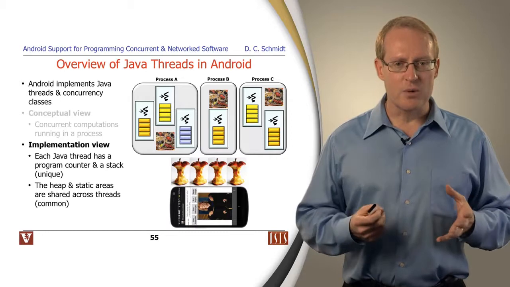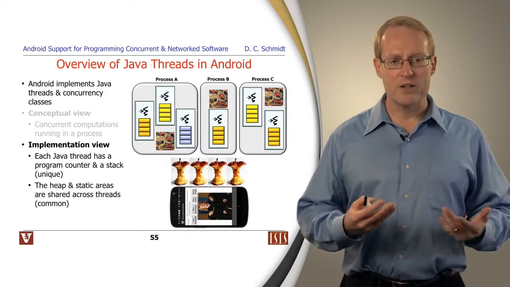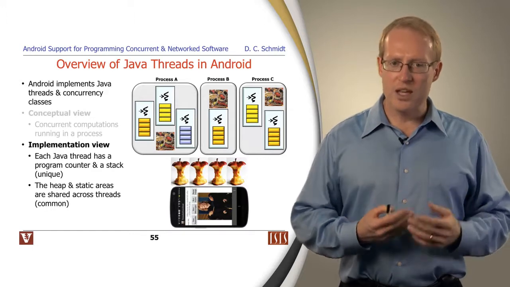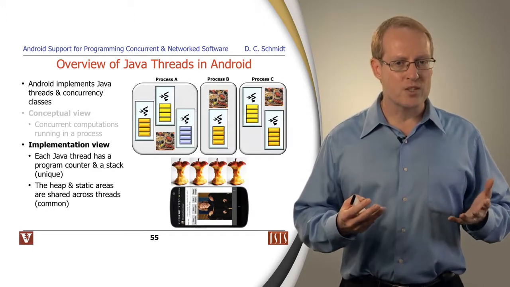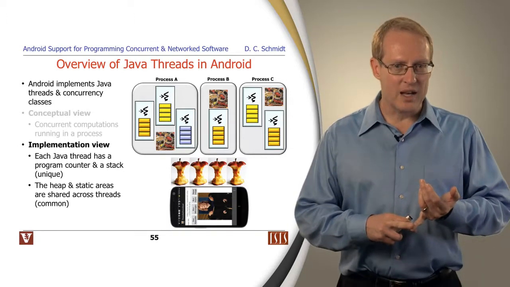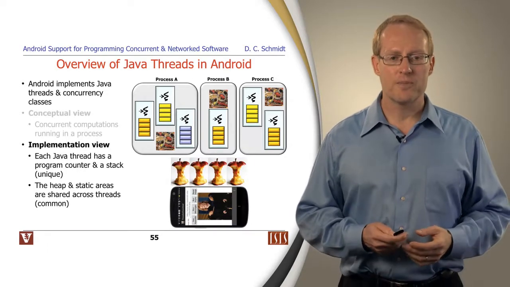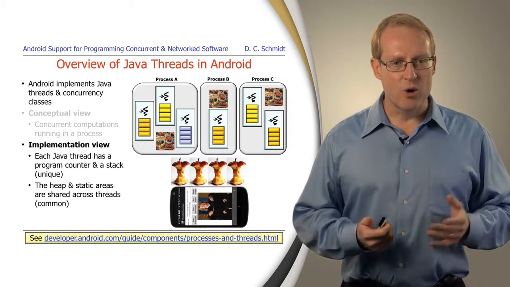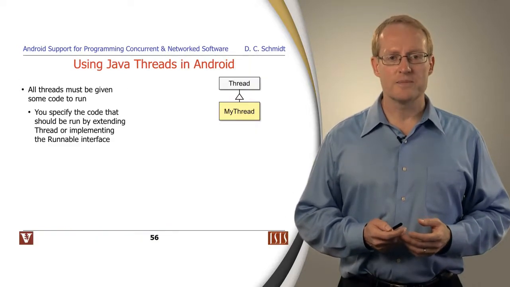If you dig a little deeper, you'll see that each of these threads has its own stack and its own set of registers. Those are unique to each thread. They also share certain information with other threads running in a process, things like the heap to allocate memory, static data, global data, and so on. If you take a look at this URL, you'll find out more about processes and threads in Android.